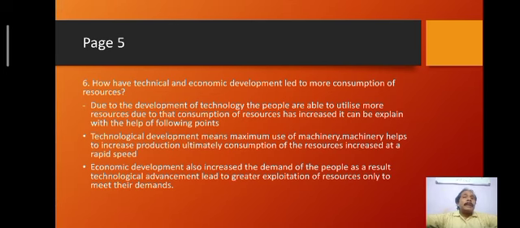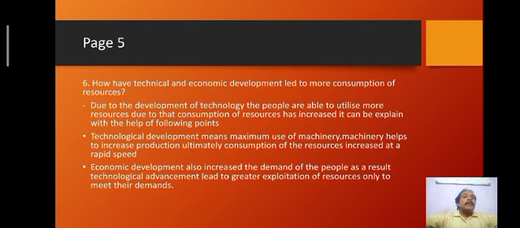Due to this, the consumption of resources has increased, or in other words we can say due to the development of technology, consumption of resources has increased. It can be explained with the help of the following points. Point number 1, technological development means maximum use of machinery. Machinery helps to increase production.